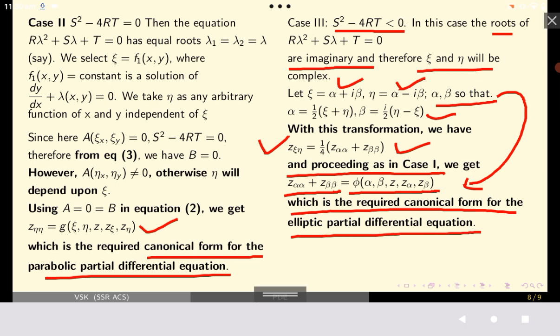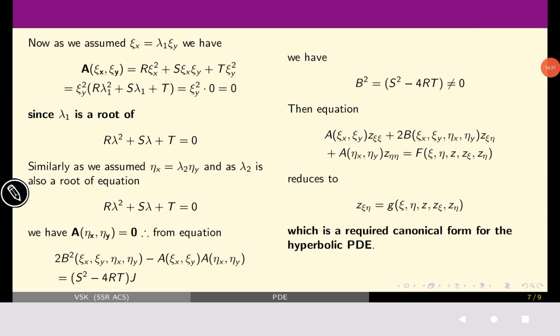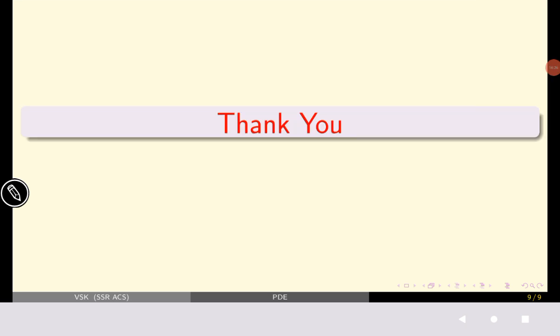So in all these 3 cases, you can prove the final result. In case of 3, this is the canonical form. In case of 2, this is the final canonical form, and in case of 1, this is the final canonical form. So in this way, this question can be solved.